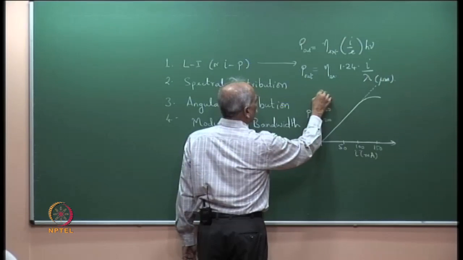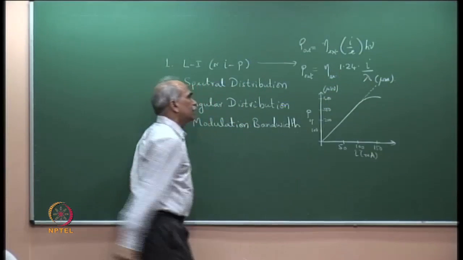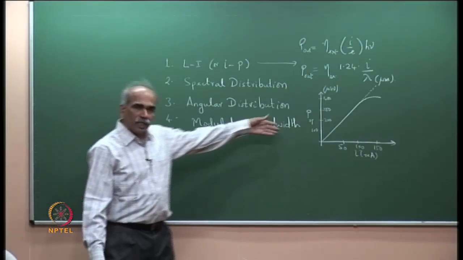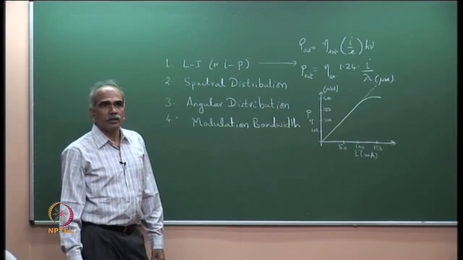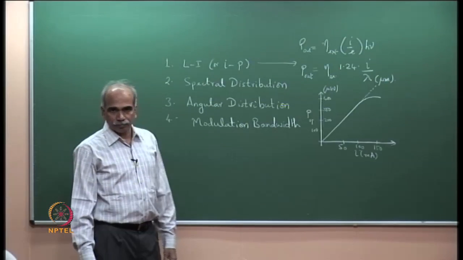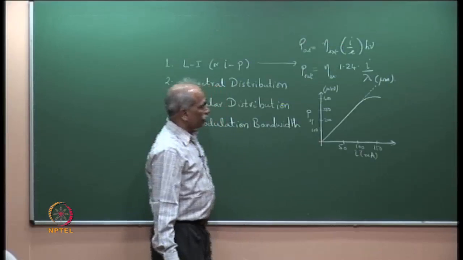Of course, there are LEDs which can give milliwatts of power also, but typical LEDs would give this kind of variation. So we were interested to see what is the reason for this.